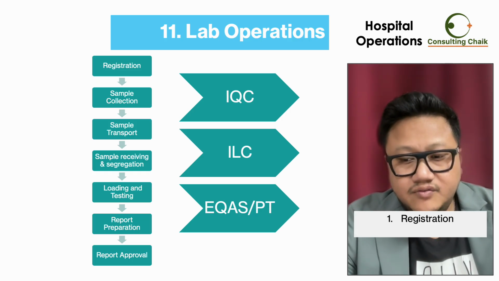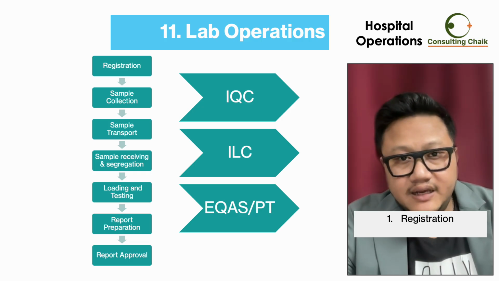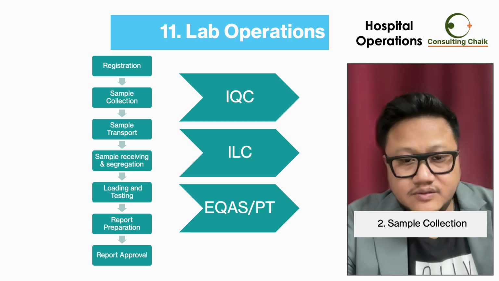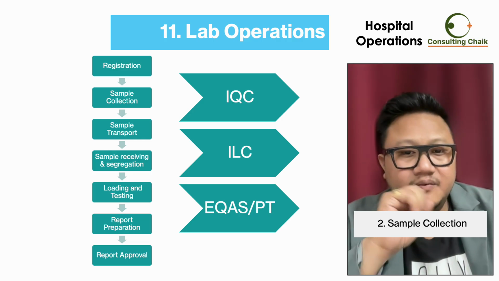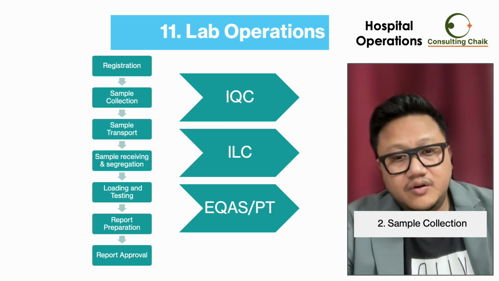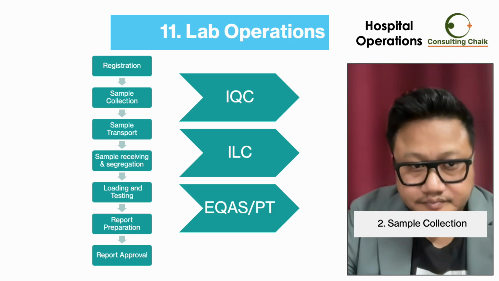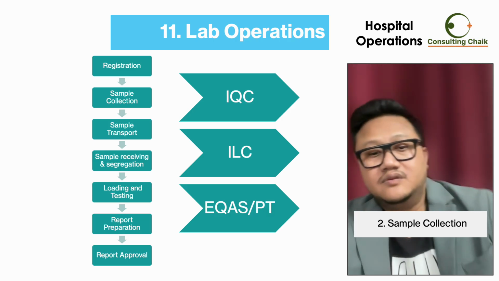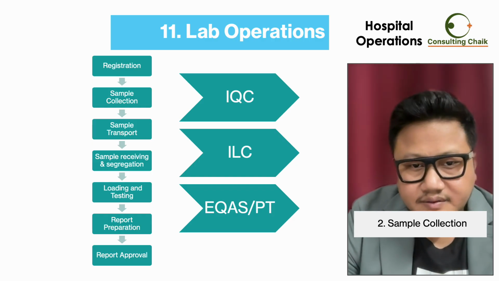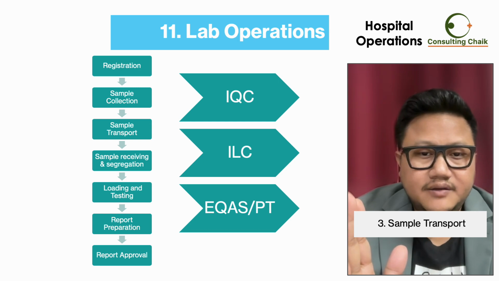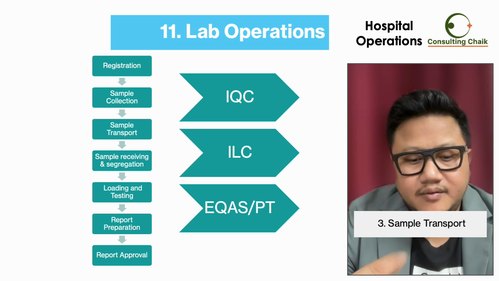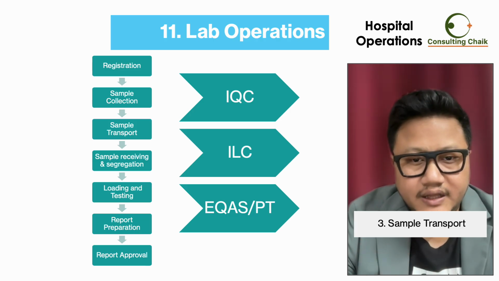And if it is done from the IP, the nurse collects samples and sends them to the lab. Okay, so for the sample collection, there are several things. You can see my lab video for a detailed explanation. From the sample collection, the sample is transported in an ice pack box where the biohazard symbol should be there.